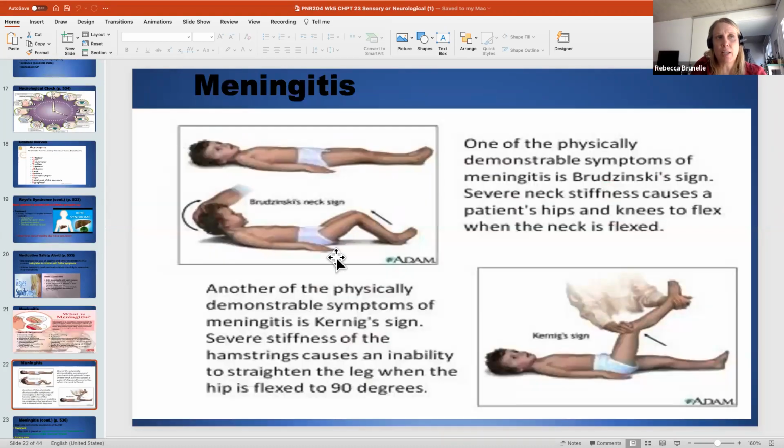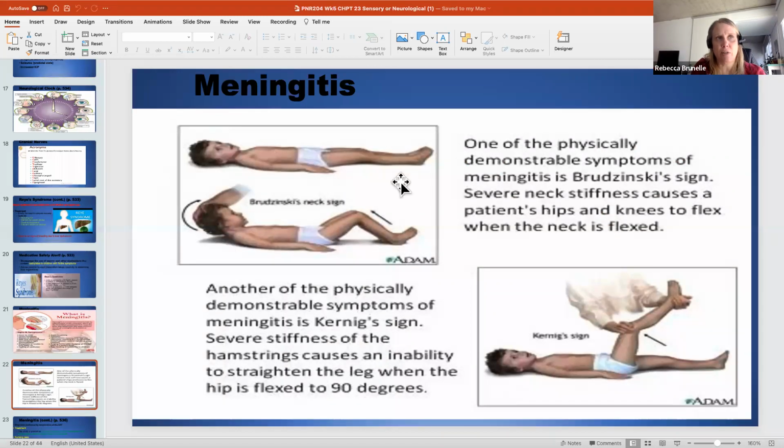There are 2 tests that you can do as an outpatient if somebody comes in and you're worried that they might have meningitis. They're not definitive, they don't 100% tell you, but they will frequently do them before a lumbar puncture. The first one is the Brudzinski, where you see the kid laying down here.